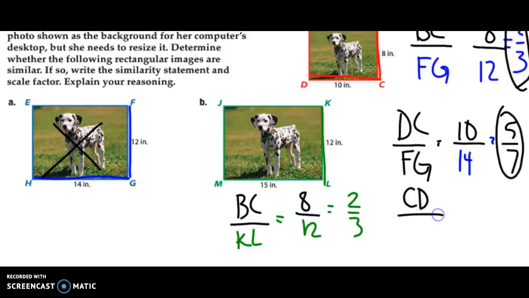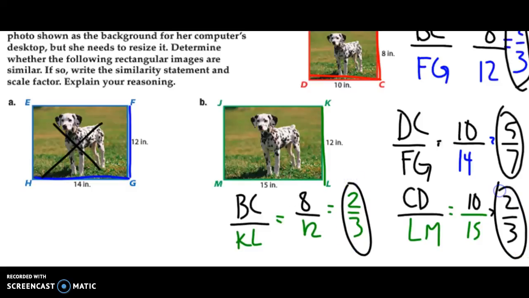CD would have to be the same as LM. CD is 10, LM is 15. I can take a 5 out of both of those and I get 2/3. Are these proportions the same? They are.